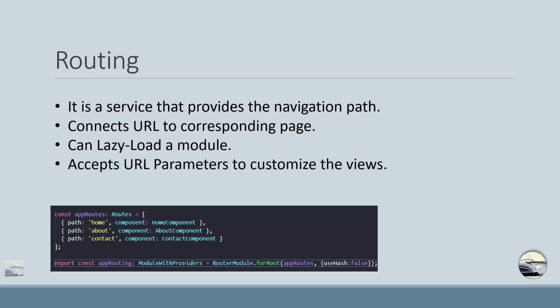It also accepts URL parameters to customize the views, and it also provides authorization for a given route. So a typical Angular routing contains one TypeScript variable, which is basically an array of JSON of path and components. So we can provide the URL path and their corresponding component to map the URL to the component.